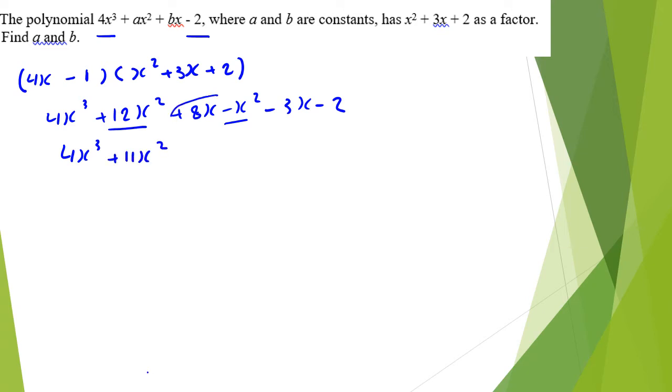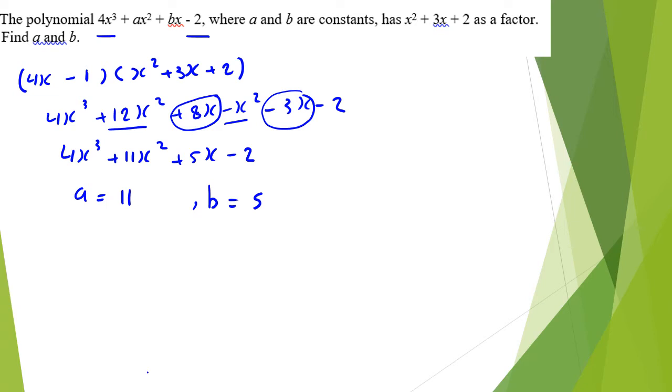Then 8x and negative 3x give positive 5x, minus 2. So a is 11 because it's the coefficient of x squared, and b is 5, the coefficient of x. Because it says find a and b, if you stopped here that's not enough, so you need to say what the value of a and the value of b are.